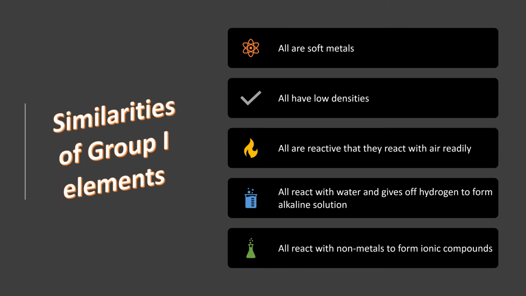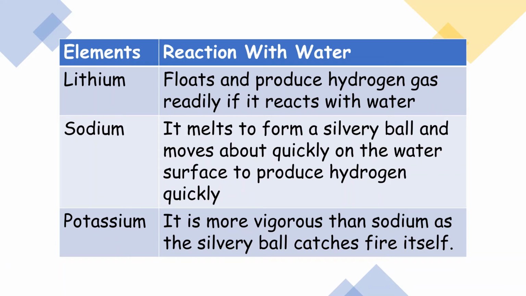There are some similarities among group 1 elements. They are all soft metals, all have low densities, all are reactive and react with air readily, all react with water and give off hydrogen gas to form an alkaline solution, and finally, all react with non-metals to form ionic compounds.